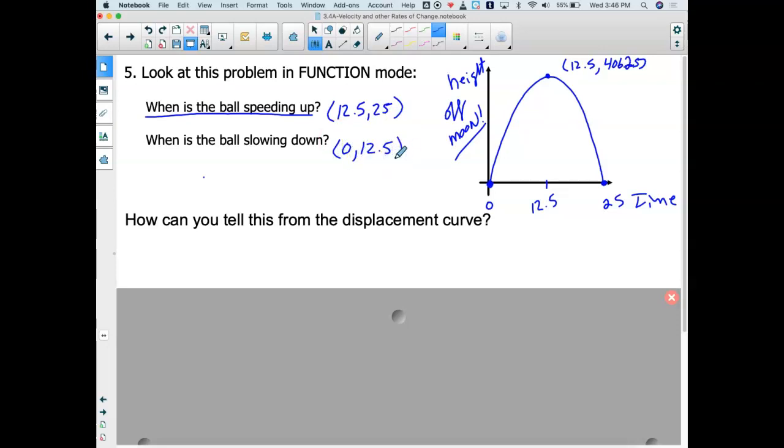The question is, how do I tell that from my position graph? This is my d of t function. This is my position function. How can I tell that from the function? When is it speeding up?